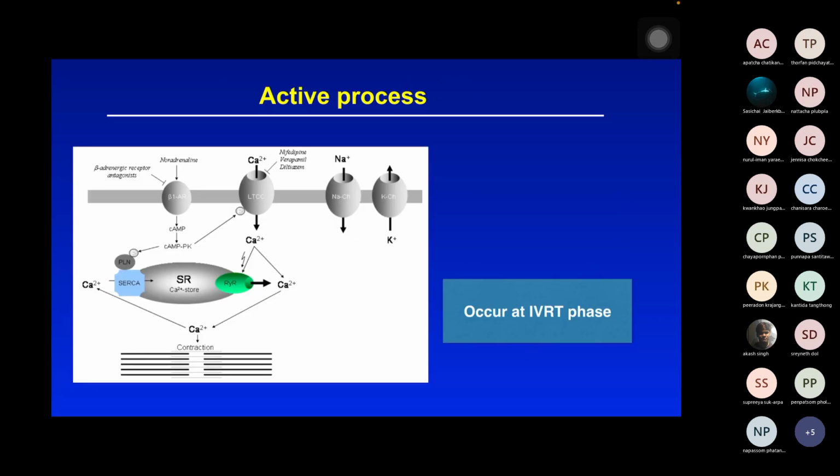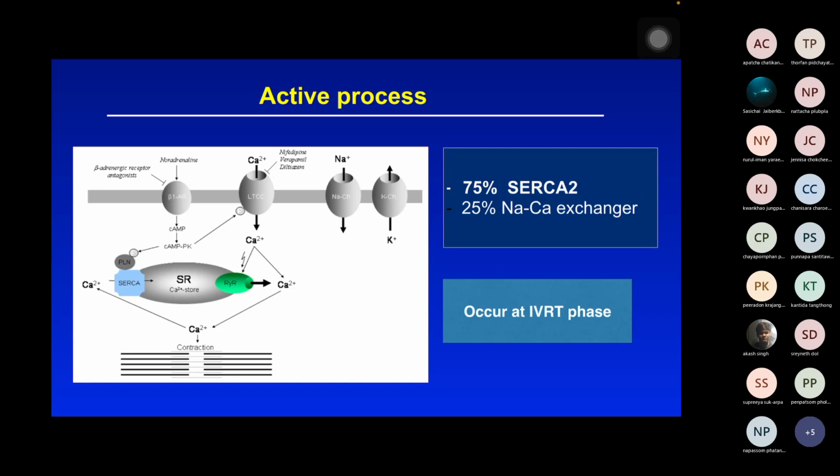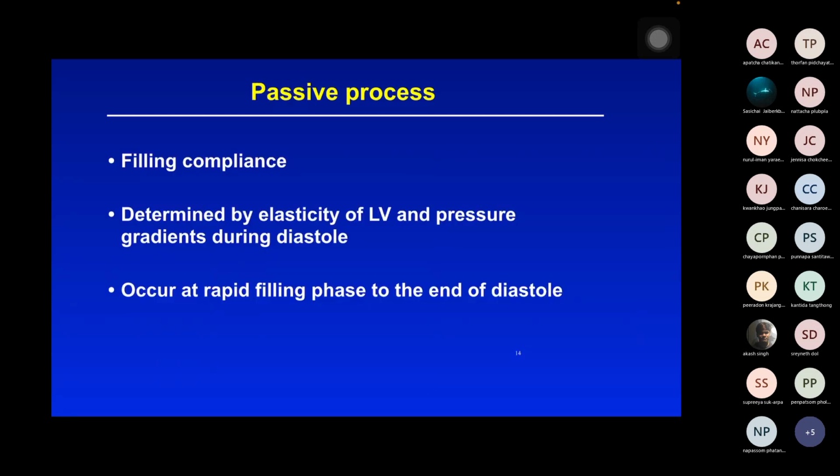About the active process, 75% uses SERCA2 and 25% uses the sodium calcium exchanger. The passive process, as I said, is the compliance of the heart in diastole.